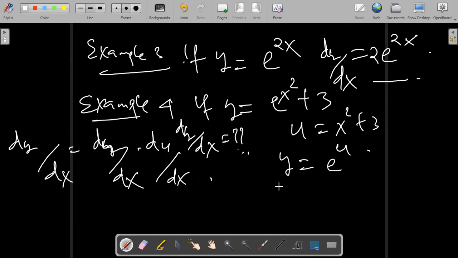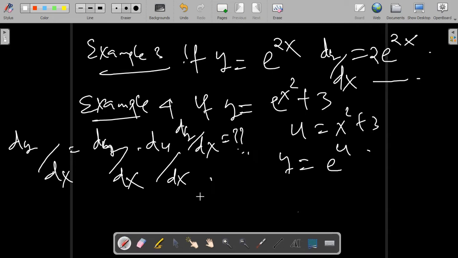When you apply the derivative of y with respect to u, y is e raised to the power of u, where u is x squared plus 3. So dy over du is given by e raised to the power of u.